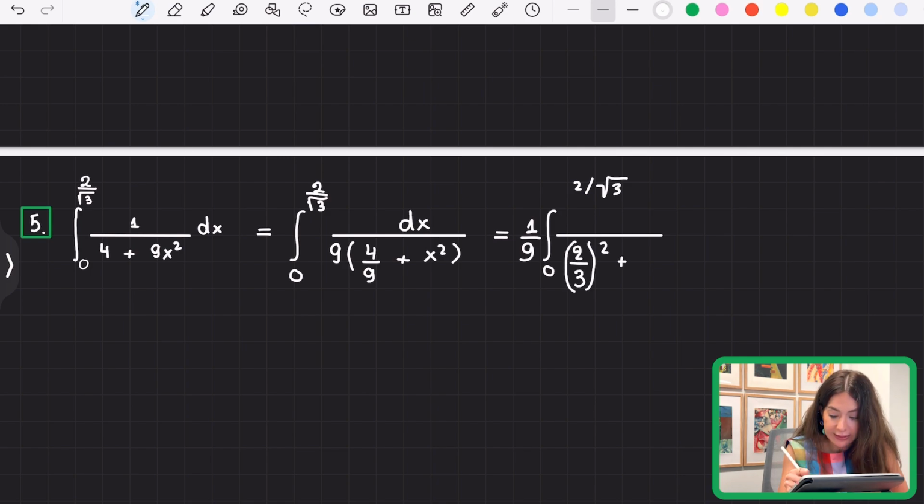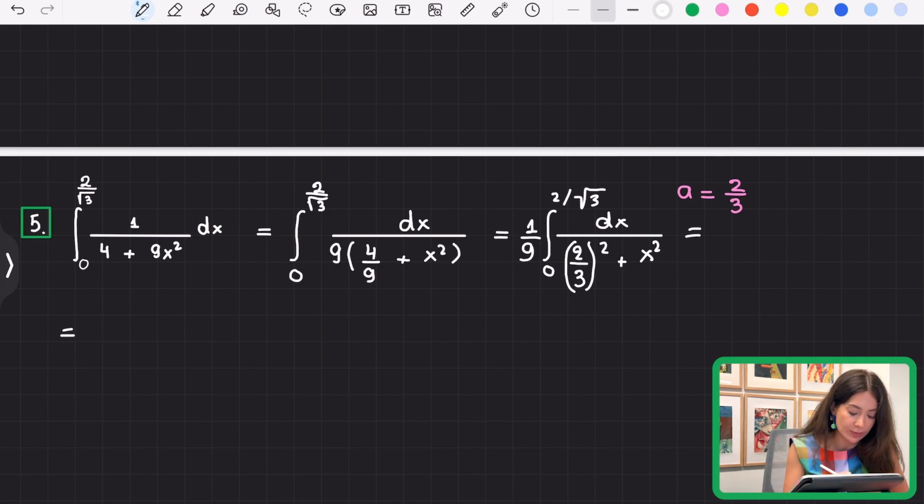So square that, that's your a, right? And even whenever you have a complicated problem like this, I like to actually explicitly write out what a is so that I don't think too much and then I don't make a mistake. Okay, 1 over 9. And I'm going to take this integral at this point.